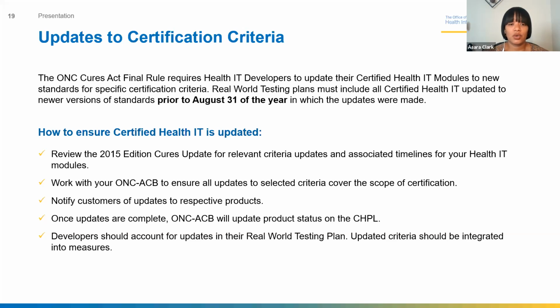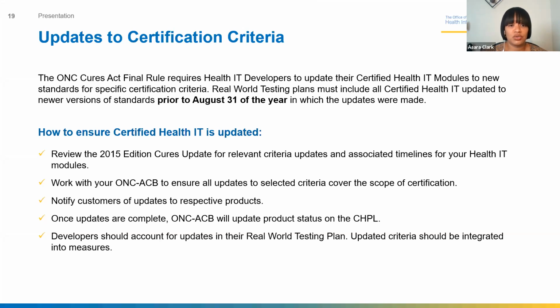So while these updates are required for specific criteria, if those criteria fall within the scope of your certification, you do have to meet these. You are required to make these updates, but you do not return to your certification body for additional testing. You're going to real world test it to account for these updates to ensure the effectiveness of the updates and that the certified health IT still meets the required functionality.